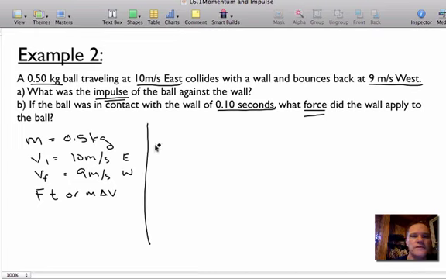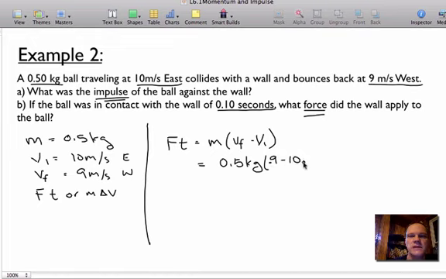So impulse is equal to m times v final minus v initial, which is 0.5 kilograms times v final of 9. It's going west, so I'm going to make that negative, minus the 10 meters per second, which is a minus 19 times 0.5, which makes that a minus 9.5 newton seconds.